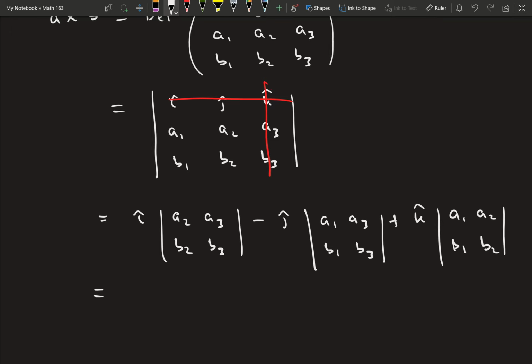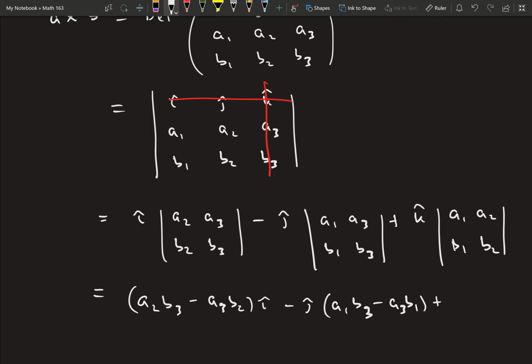So what is that? Well, this is A2 B3 minus A3 B2 in the first coordinate, and then minus j times A1 B3 minus A3 B1.